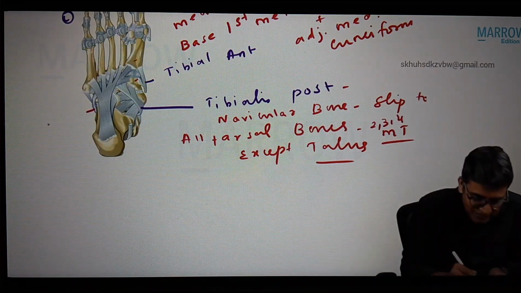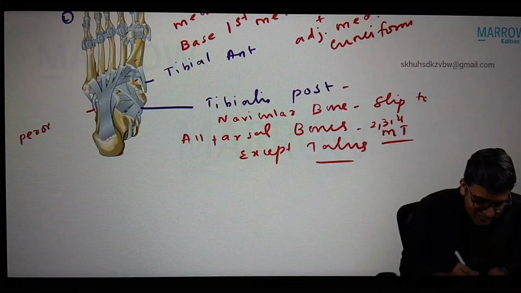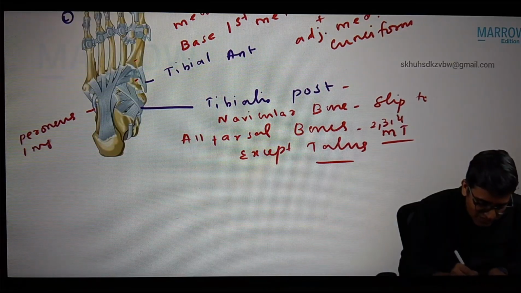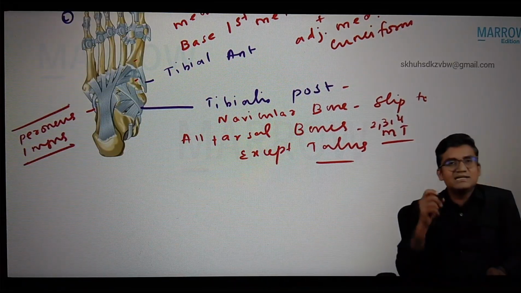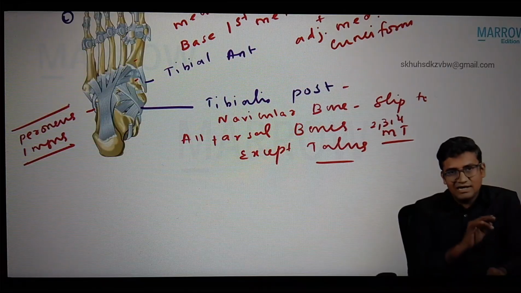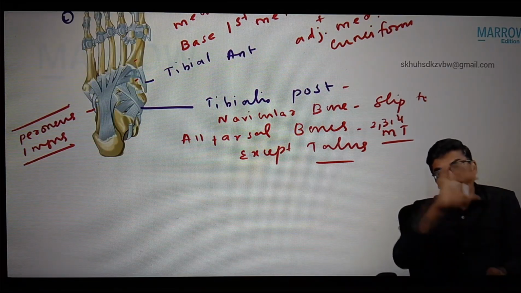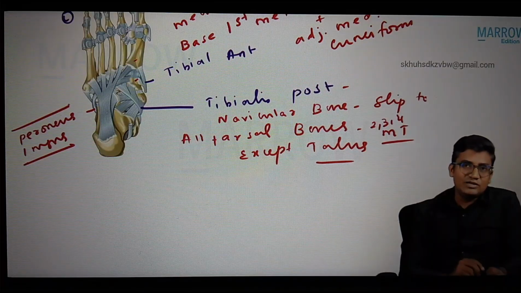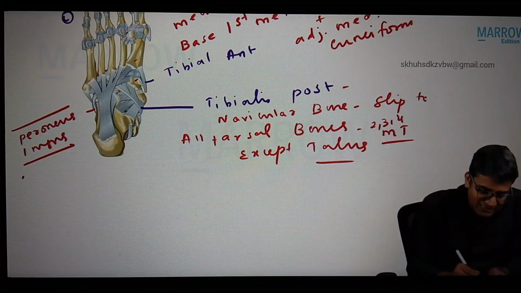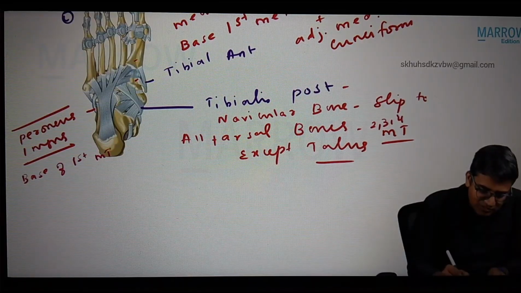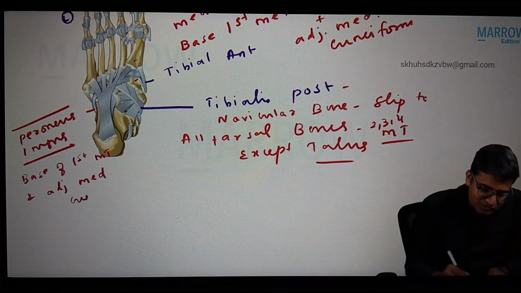Now, see this one, that is the peroneus longus tendon. It is present on the lateral side and then from the lateral side it goes to the medial side, and is attached to the same bones as tibialis anterior. Peroneus longus is attached to the base of the first metatarsal bone and the adjacent medial cuneiform bone.